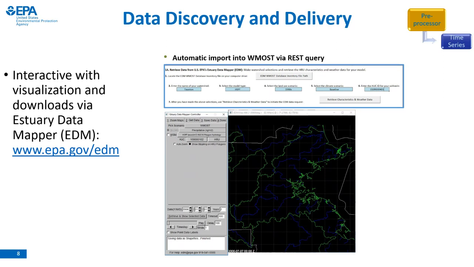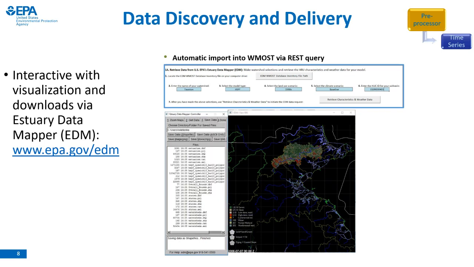You click retrieve and show selected data on the button near the bottom of this tab, and it'll pull up the data set of interest. In this case, I'm showing the hydrologic response units for a particular HUC 10 in Massachusetts. And then on the Save Data tab, you can choose to save the data in the form of shape files, ASCII grids, and CSV files for the time series, which can then be imported into WMOST for analysis.